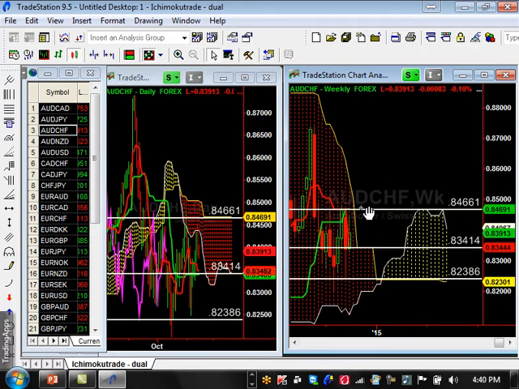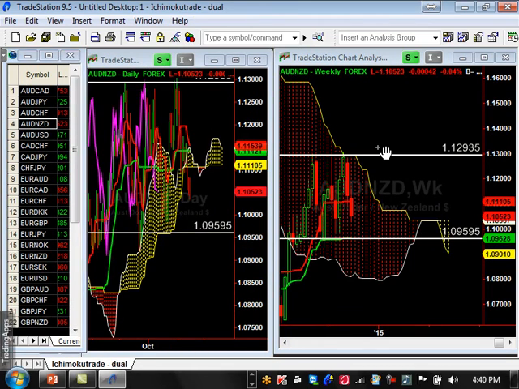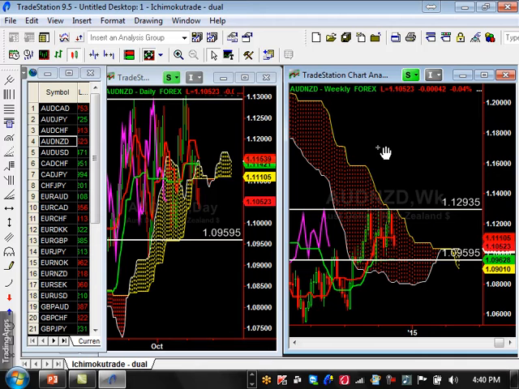Australia, New Zealand. Again, this is an Australian pair, and as you notice, Australian pairs are kind of weak against all the currencies except the yen. Here you can see a nice bearish trend, which did a major pullback to 12.93, held that resistance level, and now it's coming down to the support level at 9.59.